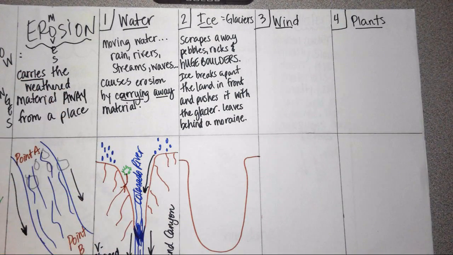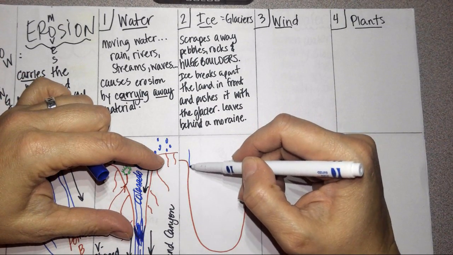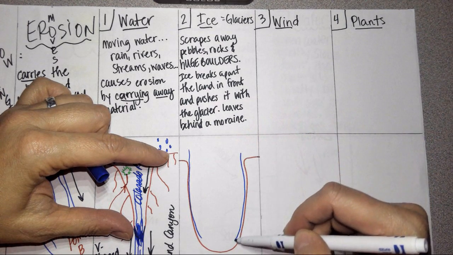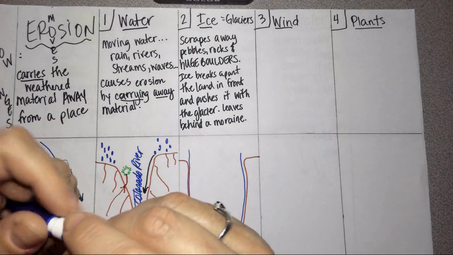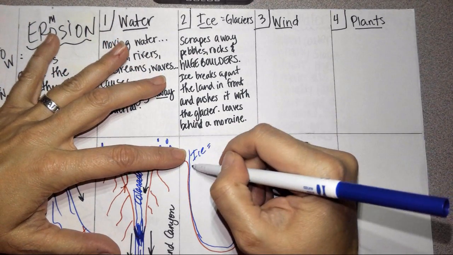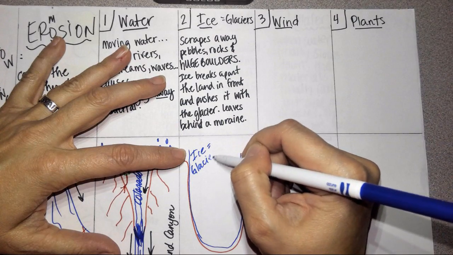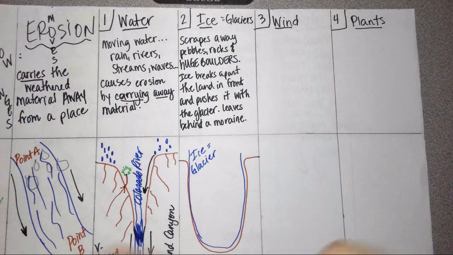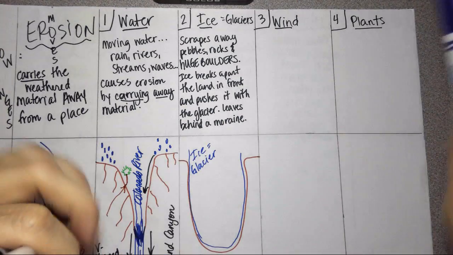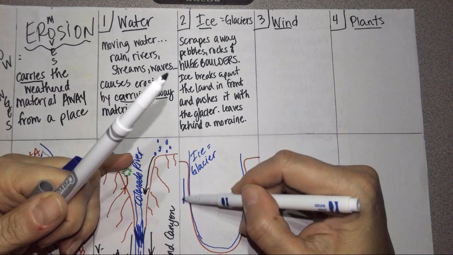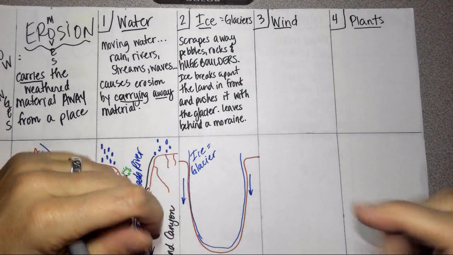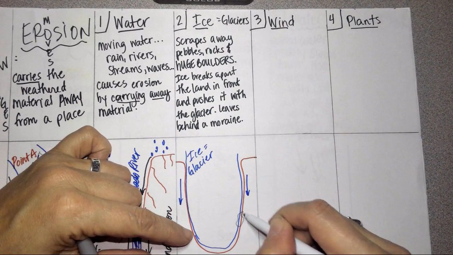So we've got this big, huge piece of ice, right, in here. Huge piece of ice. This is our glacier, right? And as it moves, our glacier's moving this way. As it moves, it breaks apart these rocks right here. Okay?